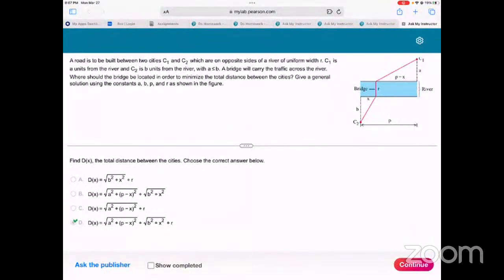The final distance is from the water to city 2. Again, Pythagorean theorem, the square root of B squared plus X squared, and you see it there in part D. So part D had all three distances together. All the others were missing a leg. That's why D was correct.